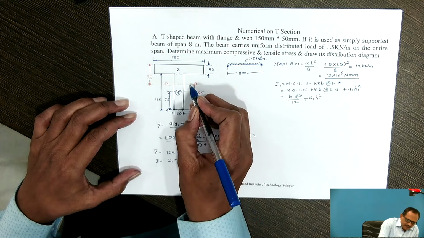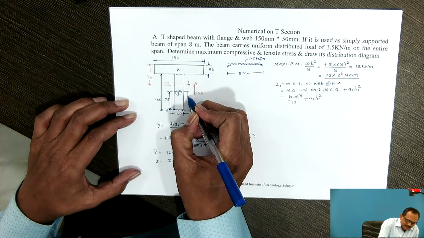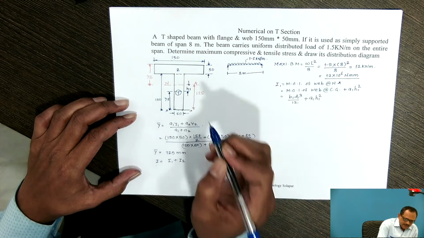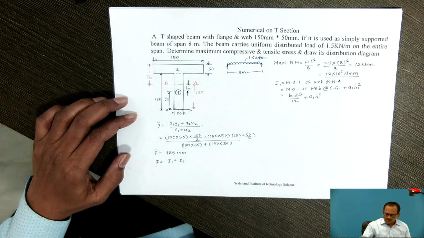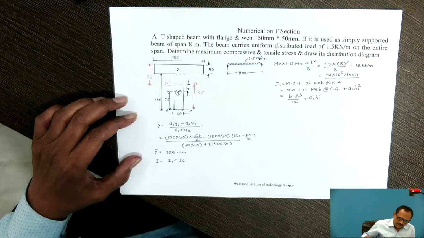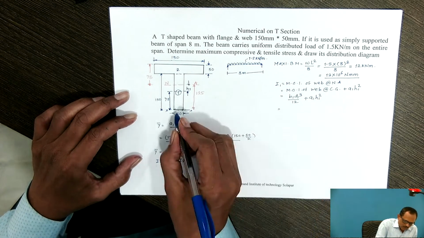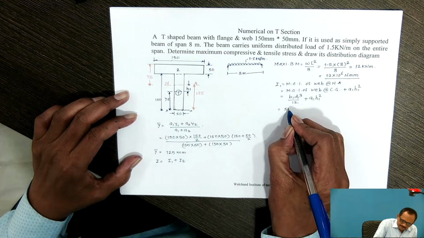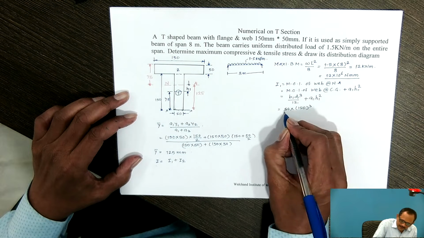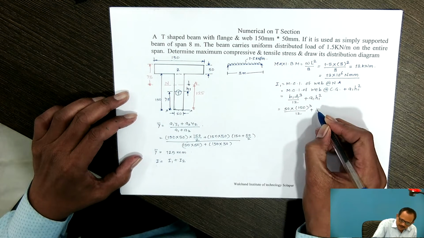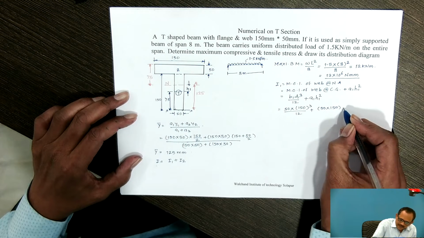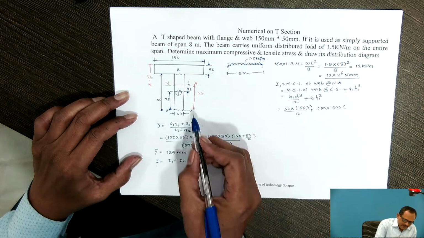Okay, and the distance between the neutral axis and the CG of the web, that is nothing but your H1. So we can put the value of this. So width is 50 into its depth 150 cube divided by 12 plus its area 50 into 150 and H1 square.